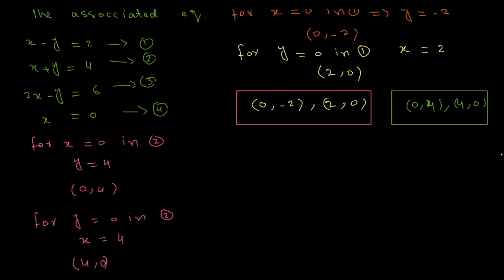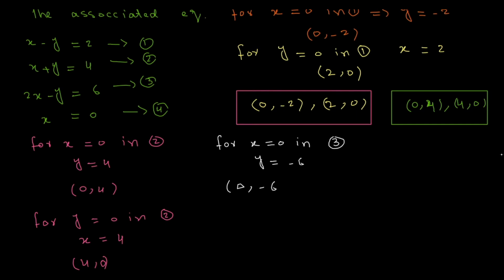Now consider the third line, 2x minus y equals 6. For x equals 0 in equation 3, y equals minus 6, so our point is 0 comma minus 6.